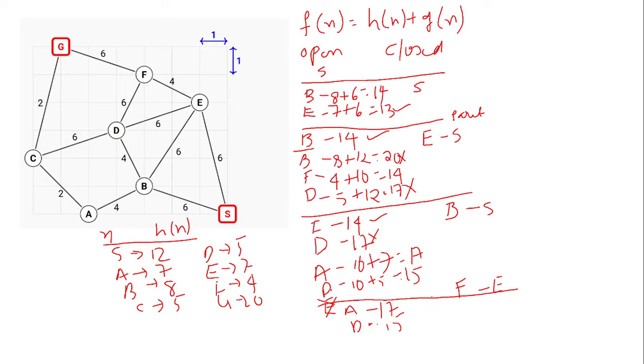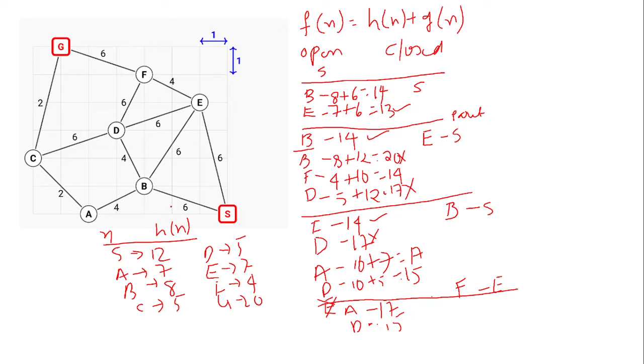From S to E 6, 6 plus 4 plus 6, so 14, 14 plus 4, 18. But it was already moved with the lesser value. Okay, D, we are saying D. So 6 plus 6, 12 plus 4, 16, 16 plus 5, 21. But here the D value is 15. Okay, we will leave it.